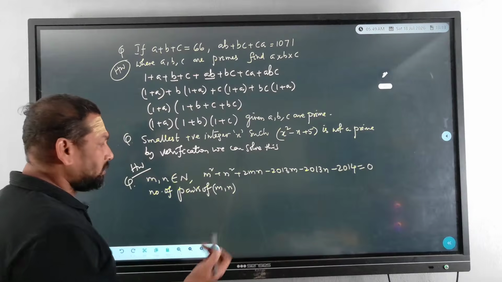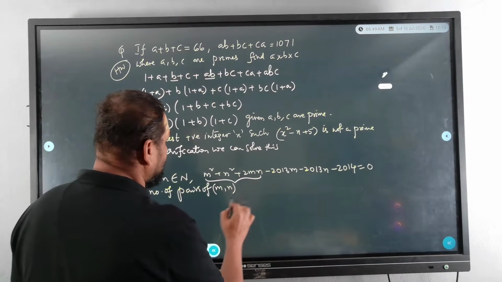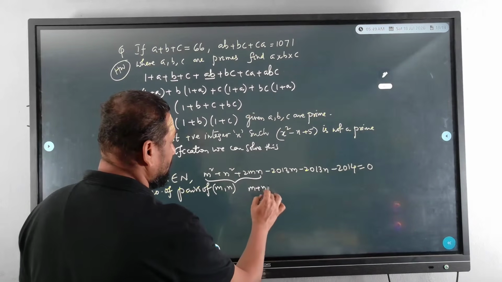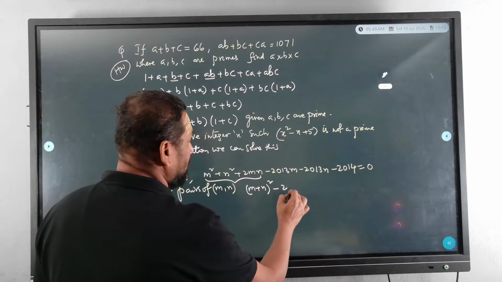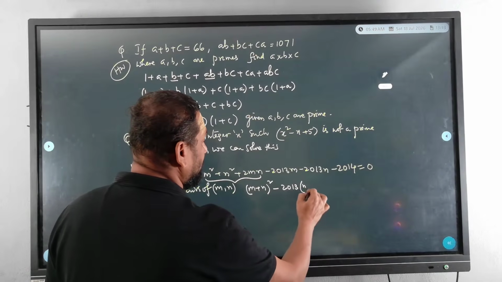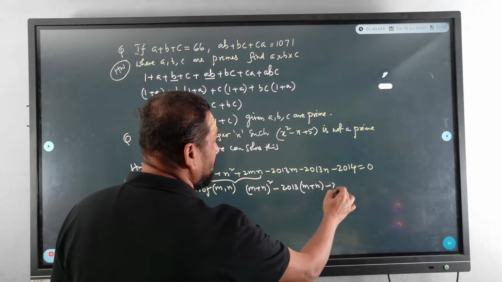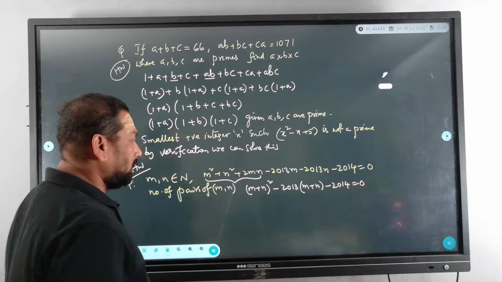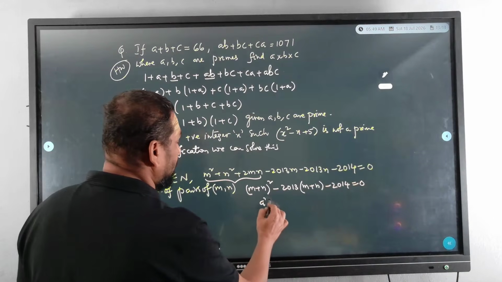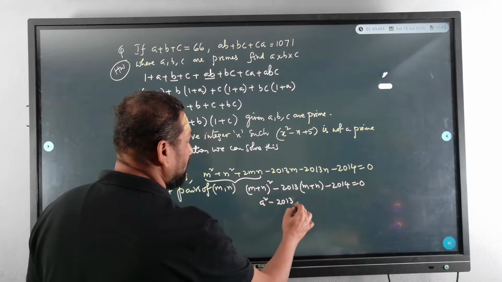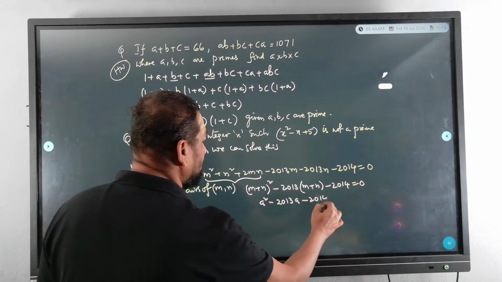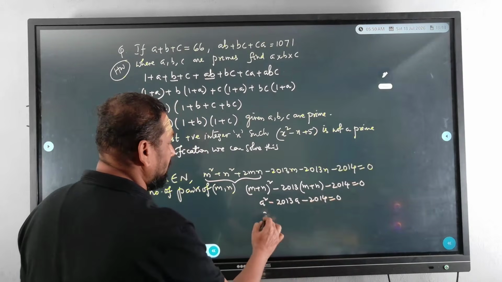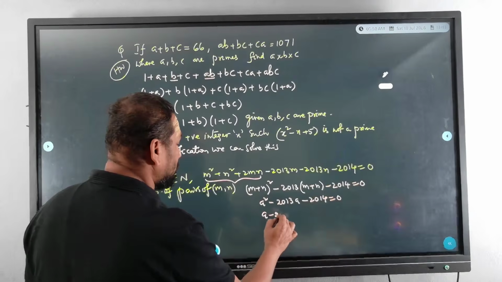Right? So simple question only. This is (m plus n) whole square minus 2013 as common (m plus n) minus 2014 equal to 0. Let it be a: a square minus 2013 a minus 2014 equal to 0. By factorizing, this is (a minus 2014) times (a plus 1) is equal to 0.